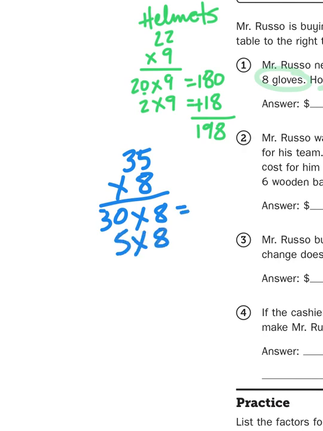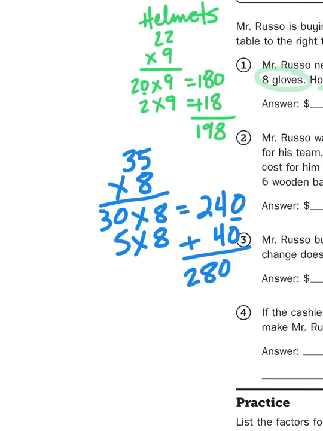Well, 8 times 3 is 24, so 8 times 3 tens would give me 24 tens, and then 5 times 8 is 40, which is going to give me a total of 280. That's for gloves.